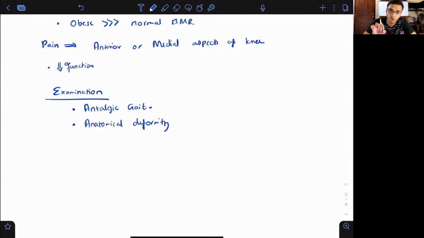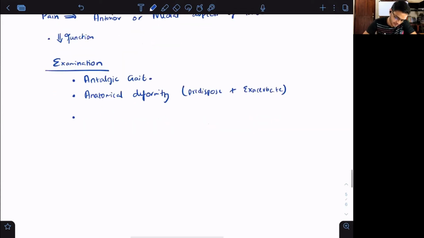You all should know the anatomical deformity, guys, can both predispose to osteoarthritis, basically act as a risk factor, or if the patient is an already diagnosed osteoarthritic patient, it can exacerbate the condition, right?